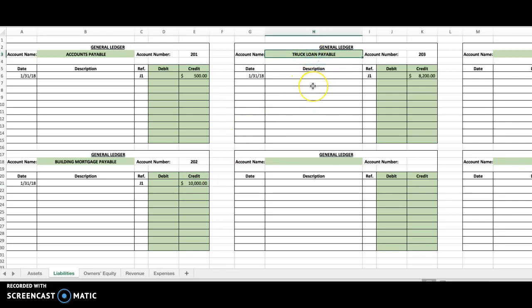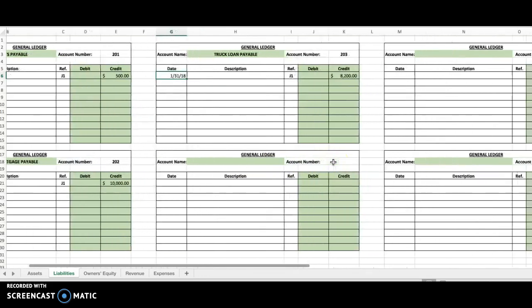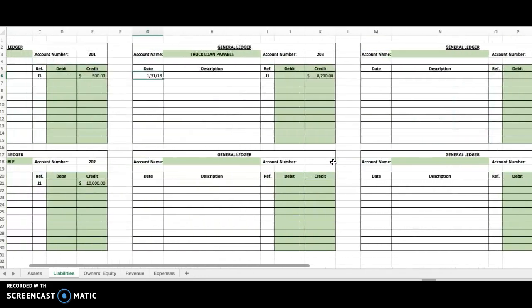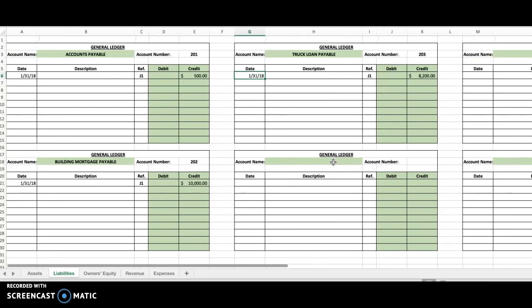Another long-term liability would be a truck loan, and this is a liability account because we owe $8,200 as of January 31st. And we have some blank accounts. If we have new liabilities, we have pages for them. We don't need them at this point, but they're available.